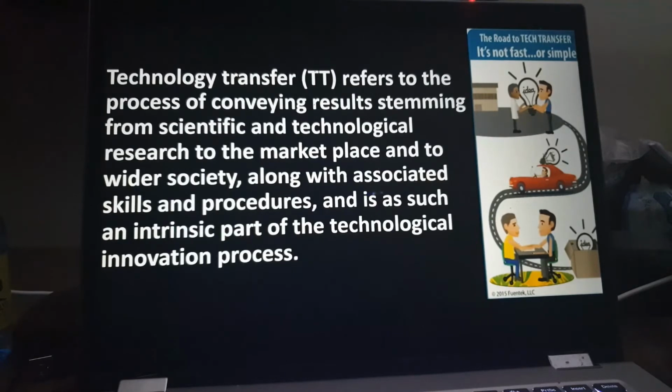You can see the diagram on your right. We are saying the road to technology transfer is not fast, neither is it simple. You can see the idea, the technology, and the road is running, the car is there, but this road is not smooth. This road is not fast. It's not simple before we get the technology transferred down there.